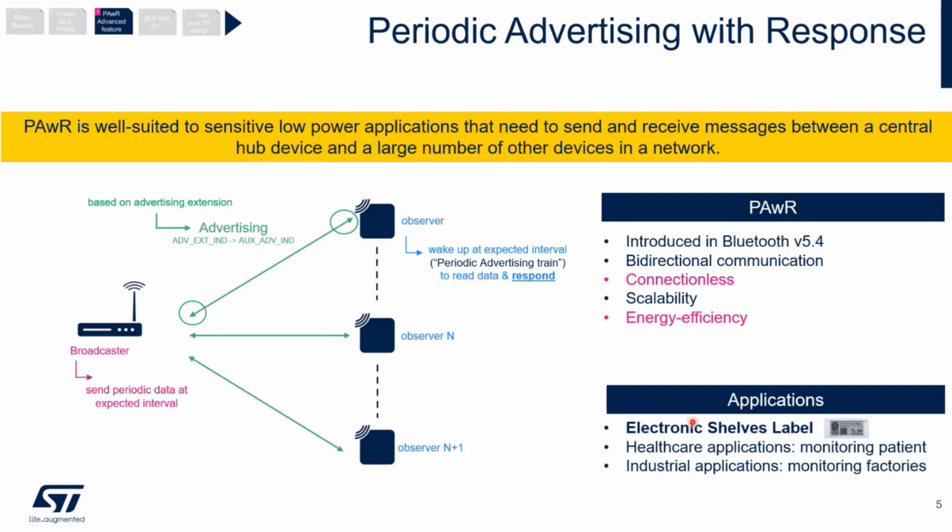So this is very efficient in terms of energy. And that's true, the electronic shelf label is even a profile now of the Bluetooth Low Energy specification. This application has been the one used to push for periodic advertising with response. So the first application, which is now a profile, is the electronic shelf label.